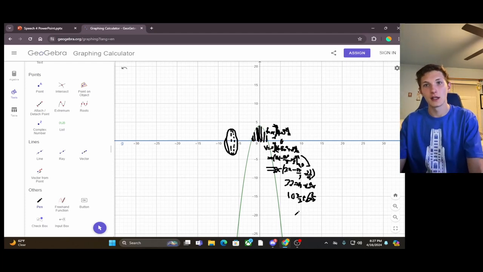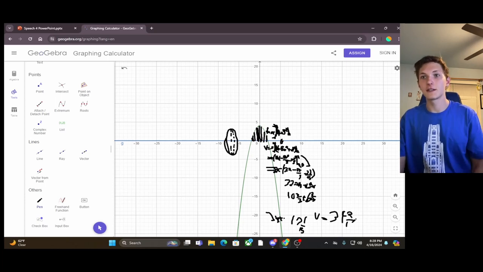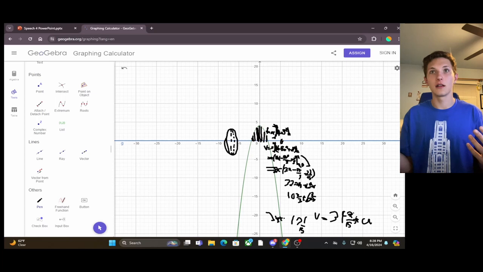So that'll give us 17 and 1/15th. Yep, 1/15th. And then we're going to be multiplying this by 2 times pi. So that'll give us our final answer. The volume of this shape is 34 and 2/15ths pi cubic units squared. Units cubed.